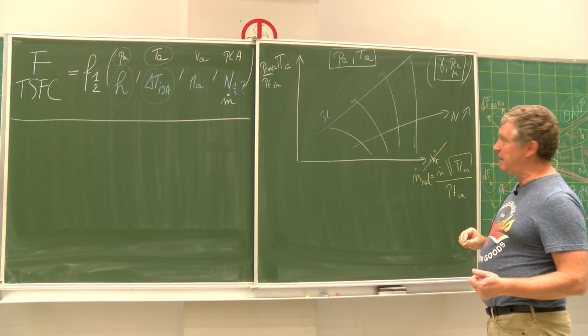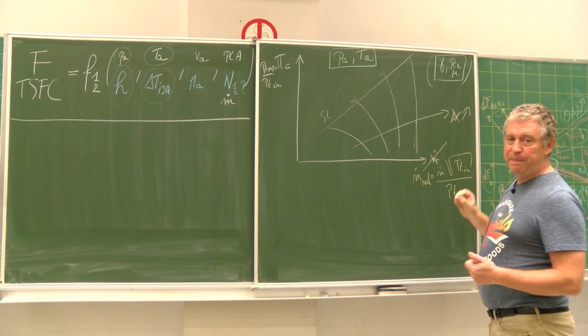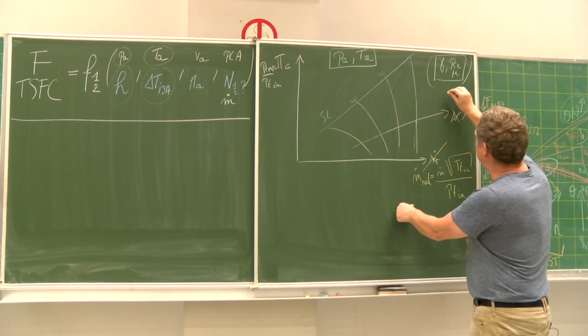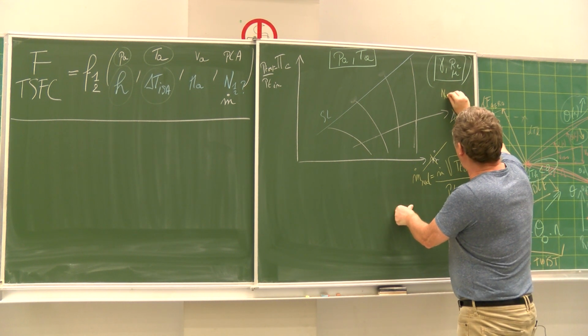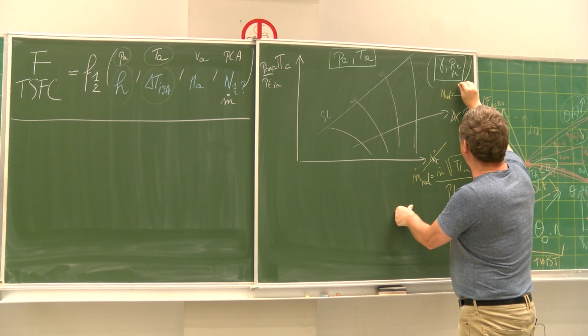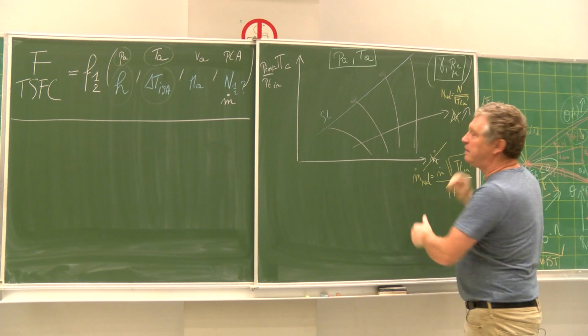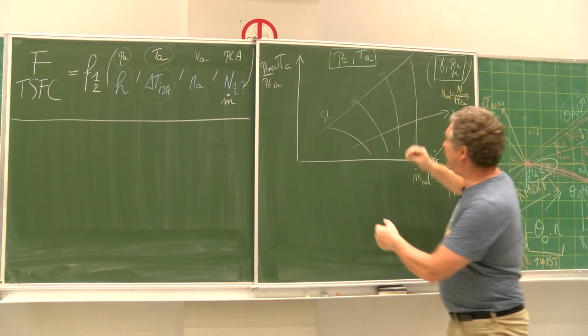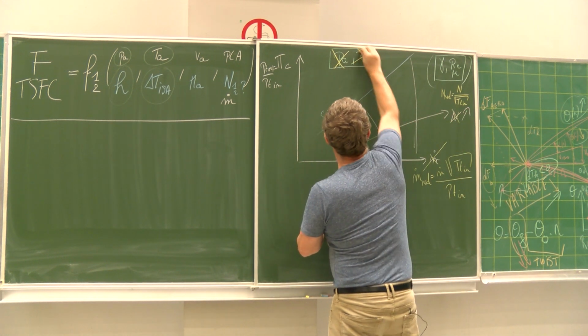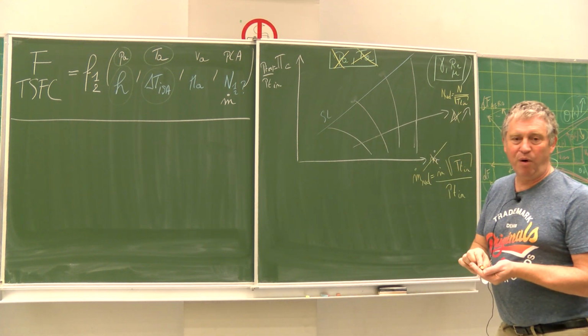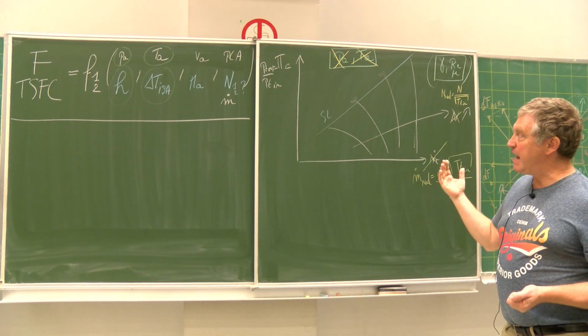And we have replaced the rotational speed by a reduced rotational speed that we have called n divided by the square root of TT in. And when you do that, you do not need to consider anymore the PA-TA.